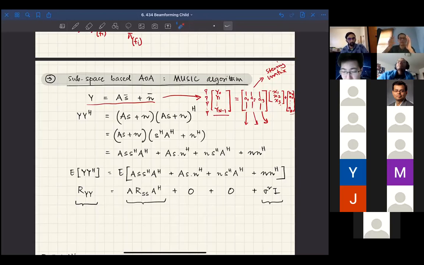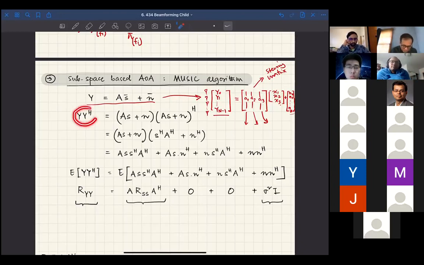That's conjugate, and the column becomes a row. This is typically what is called covariance or correlation. You're taking a vector and multiplying it with the conjugate transpose of that vector.